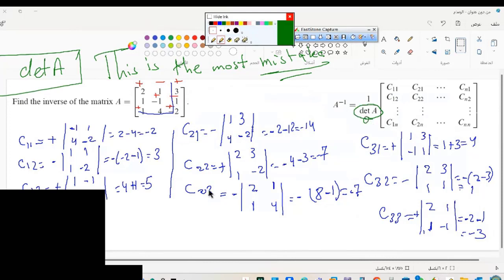If this is 0, all of this is nothing. Got where the problem is? Now it's 3 by 3, a little bit easy, but if you have 4 by 4, 5 by 5, so for 2 by 2, 3 by 3, okay. But we waste much time, and after that, maybe there is no inverse. Our matrix is non-invertible.